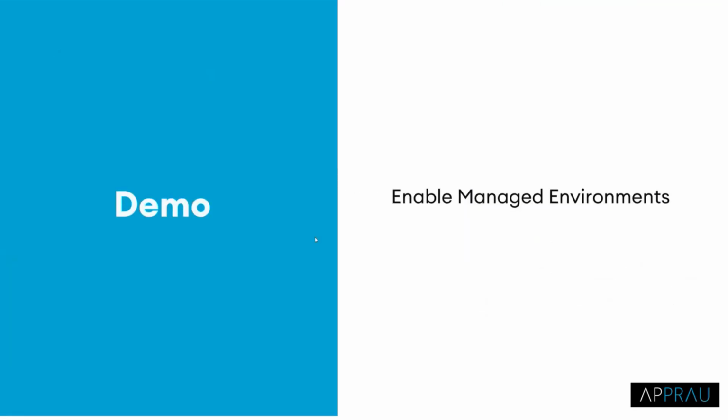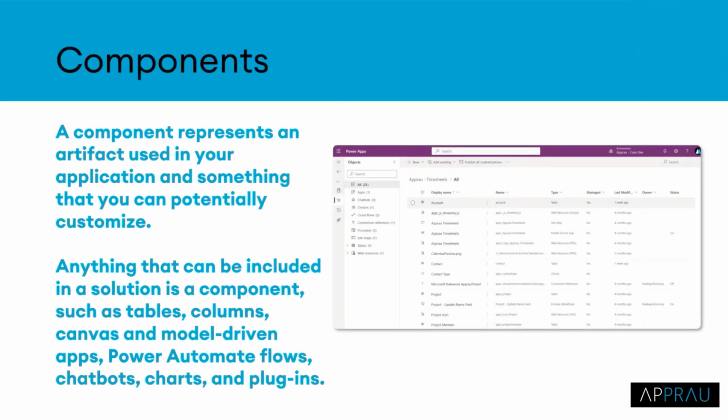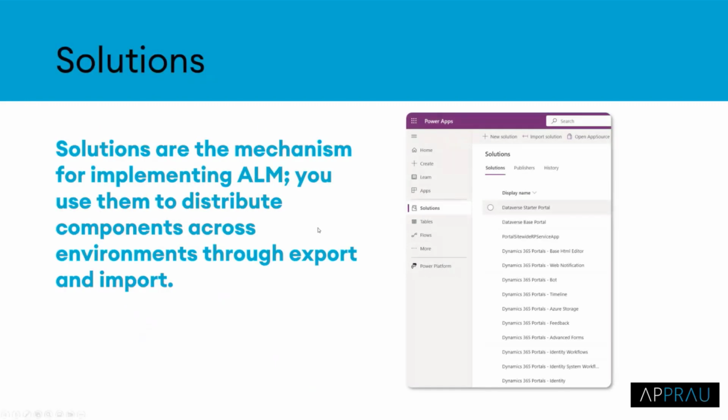All right. In the past, what we used to do was create a solution and then export it. You probably can't see it here, but there's a button called export. You tick this, export the solution, switch to the other environment, and then import the solution. So you have to manage everything by yourself.